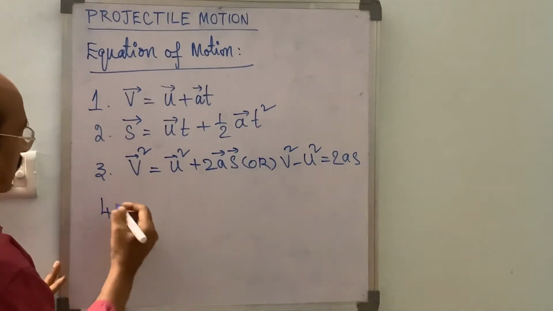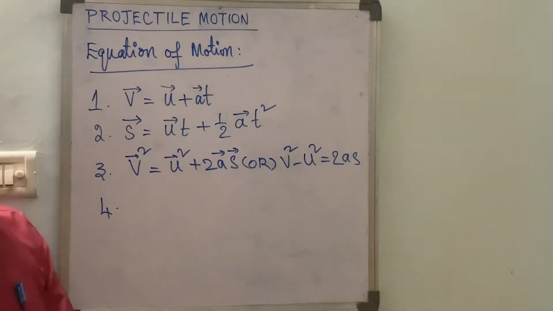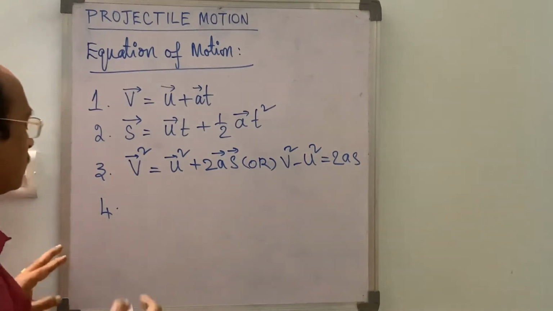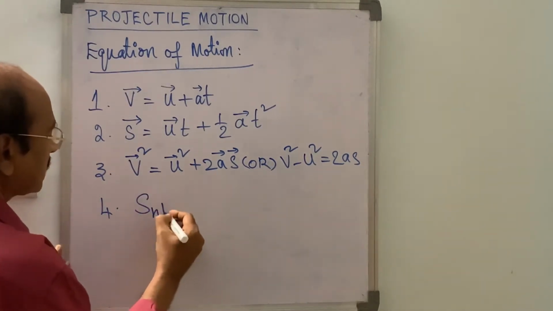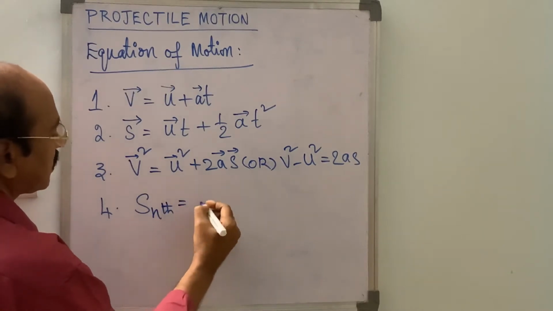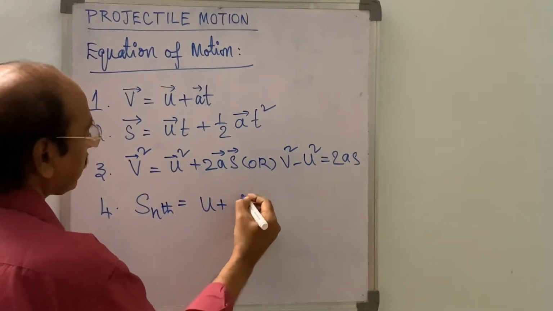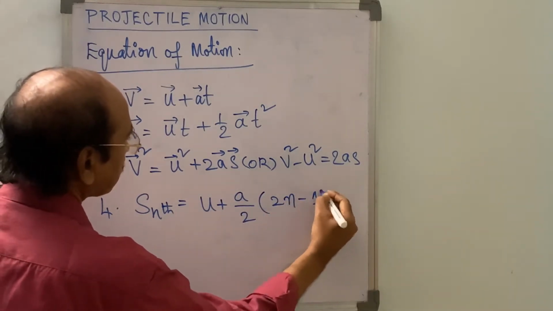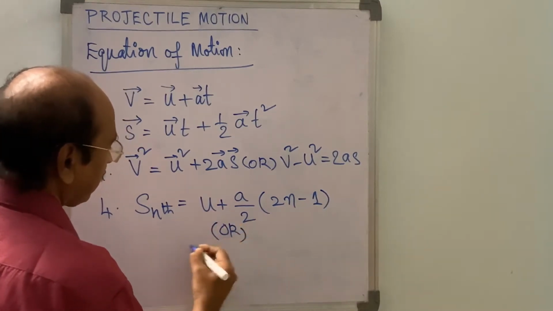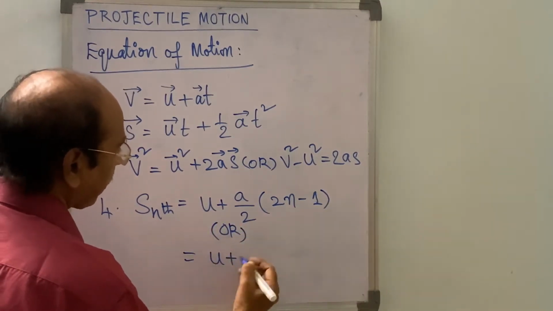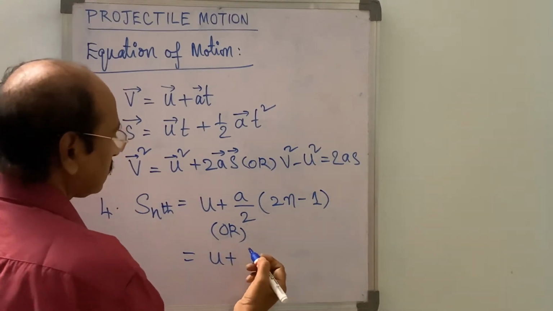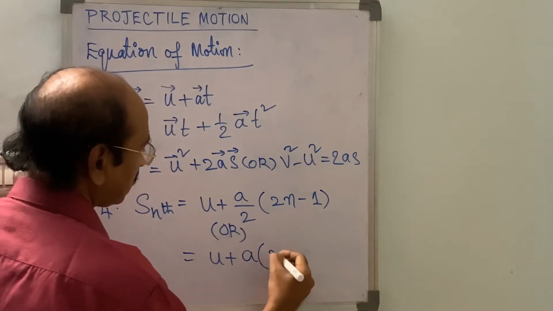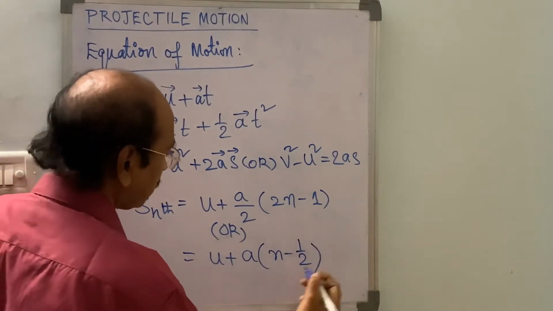And the fourth equation, distance travelled by the body in the nth second, the last second of its journey, is denoted by Sn, equal to u plus a by 2 into 2n minus 1, or u plus a into n minus half.